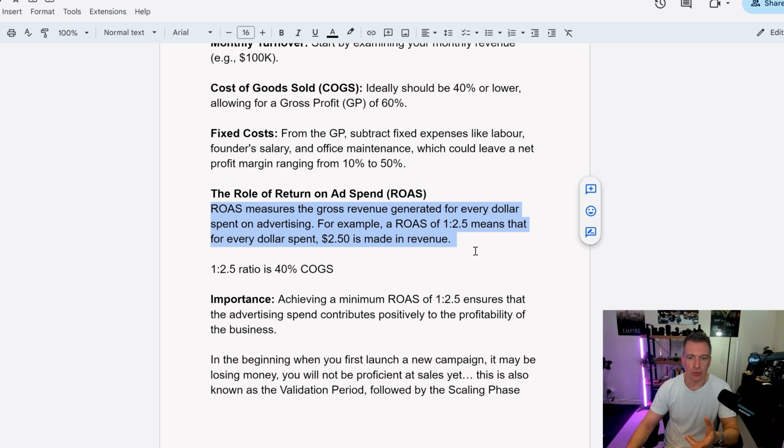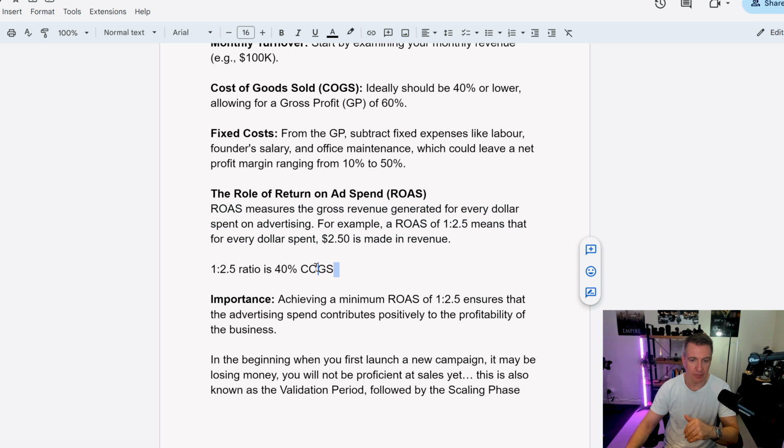So in this example of 40%, that means your return on ad spend should be at least 1 to 2.5. Meaning for every dollar spent, you've got to get back at least $2.50 to stay at that 40% or below. Right? Watch this again if you need to, get a calculator and kind of make sense of it. But if I'm saying that you should be at 40% or lower, then for every dollar that goes in, you make at least $2.50 back to stay below that 40%, right?